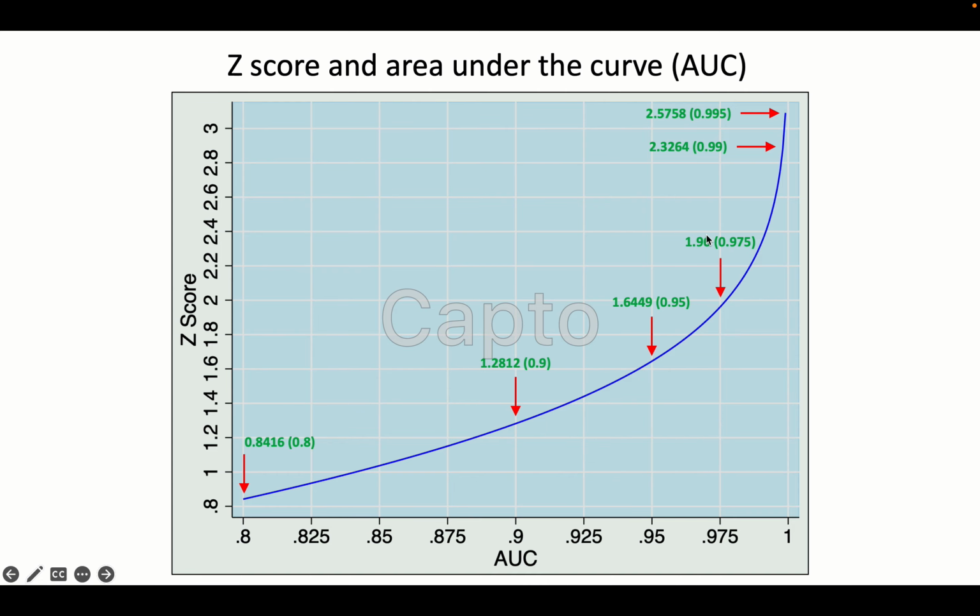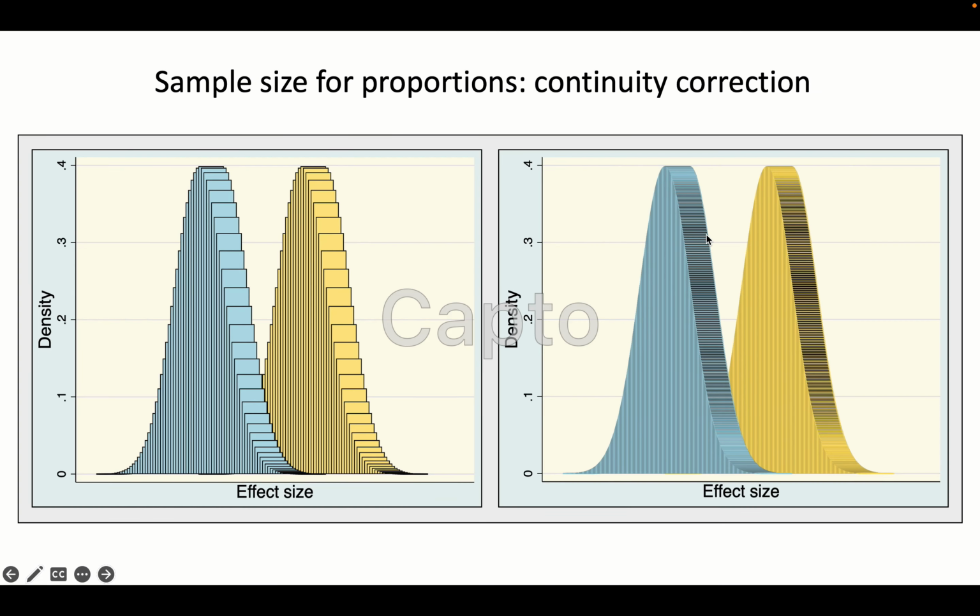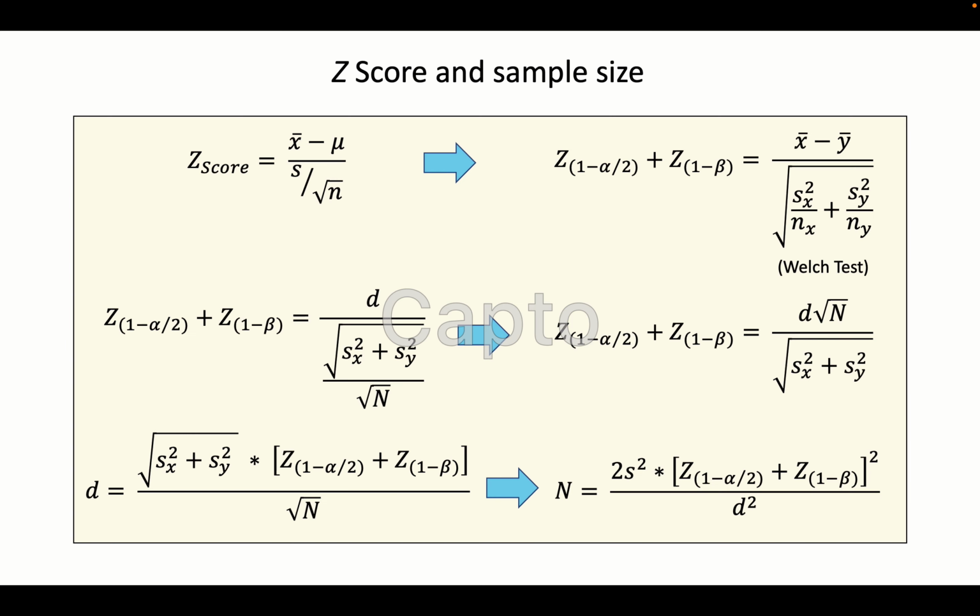It's 1.96. And then on the other hand, you have to choose a z-score for a given beta value, and the beta value is just the complement of the statistical power, right?